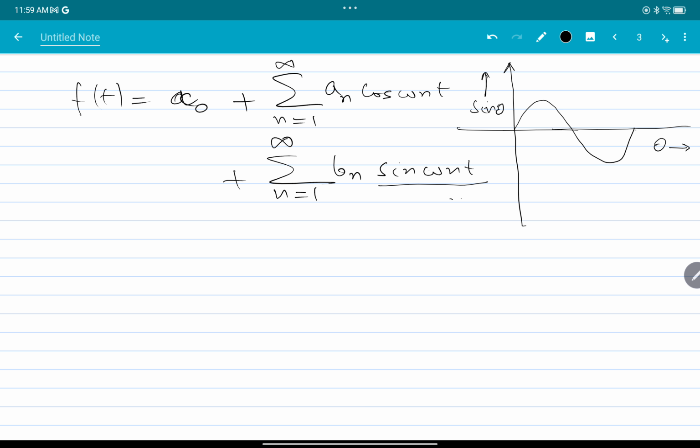Say I have theta 1. Say I take this small element, d theta. This is a small angle d theta here, and corresponding to this we take a value of sine theta.